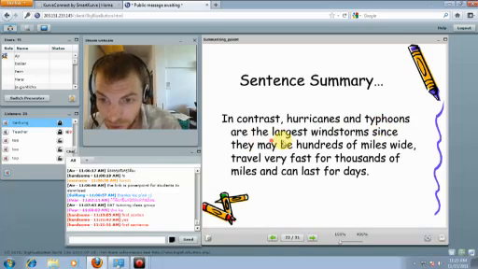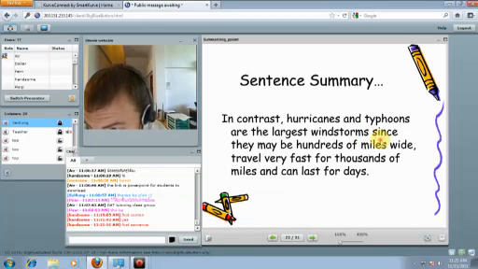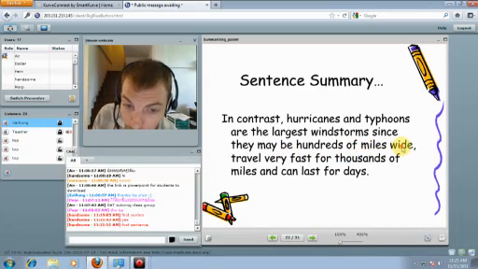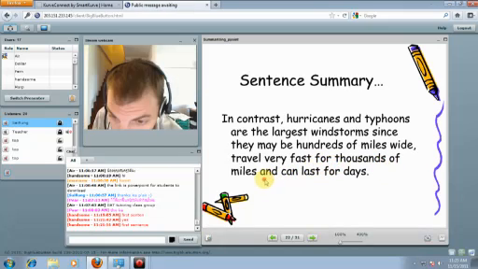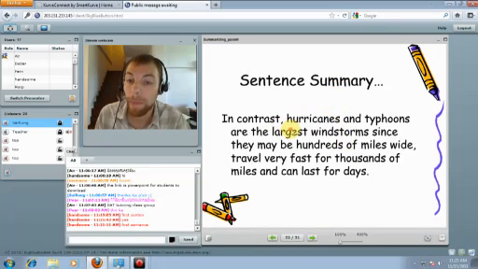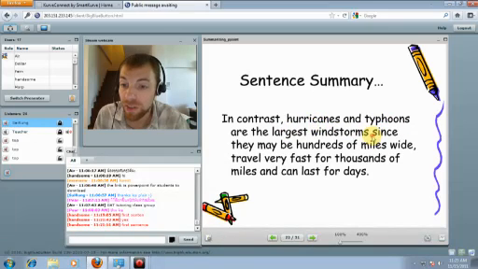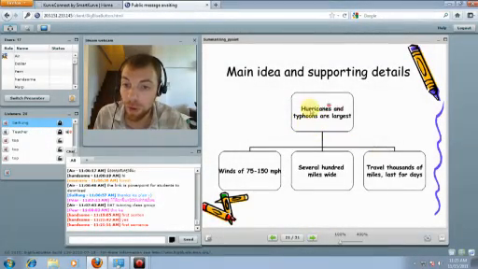Hurricanes and typhoons are the largest windstorms, since they may be hundreds of miles wide, travel very fast for thousands of miles, and can last for days. Alright, so it tells you what, that they are the largest windstorms, and why. So it's these details right here. So what, why, why.